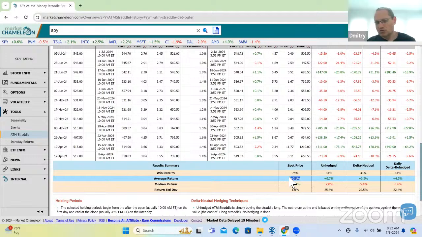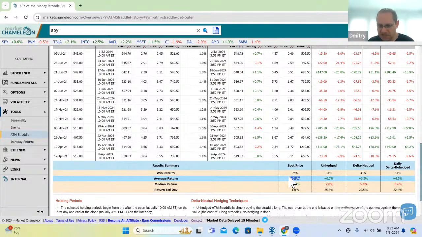The median return: the average could get pulled up or down because of maybe a certain outlier, because the stock doesn't move exactly the same amount up or down every week. You could have some weeks it moves up 1%, some weeks it moves down 3%, sometimes up 2%. So the average itself could get skewed because of extreme moves or outliers.